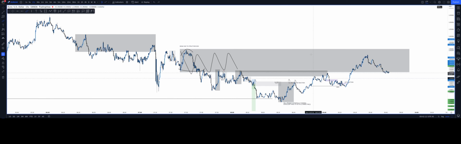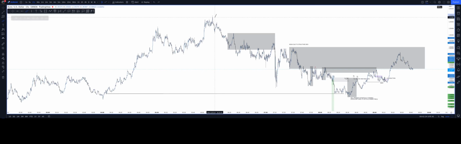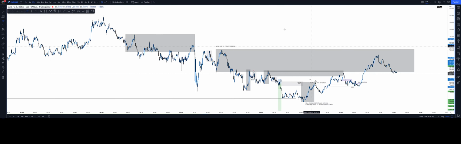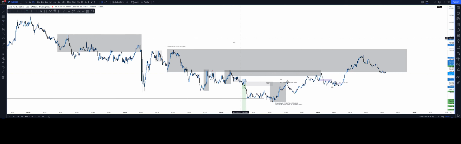So my anticipation is actually that this is just cause for some sort of mitigation in and around this area. Let's see what happens. Also, don't forget, we've got this as a weak high, in my opinion. So not only could this become cores, they could both become cores, and we could just be going long from here. We don't know just yet.